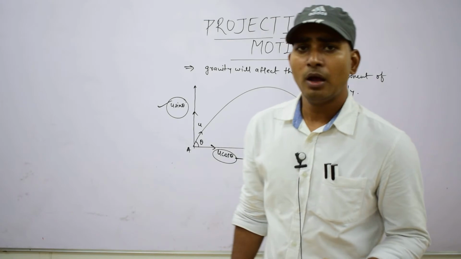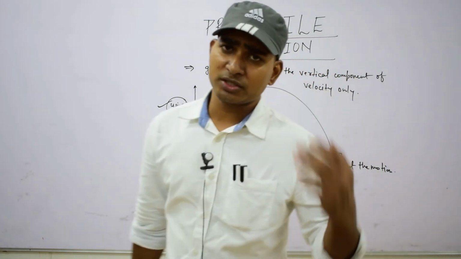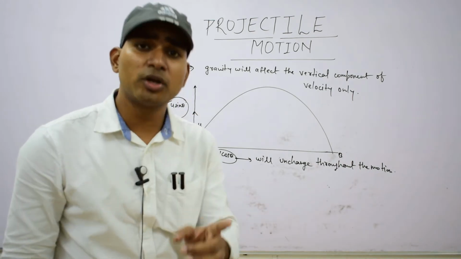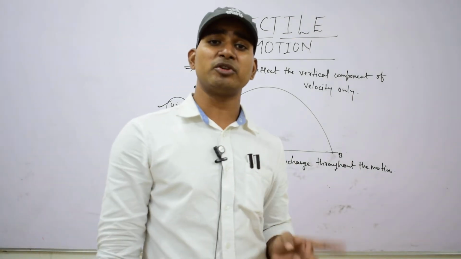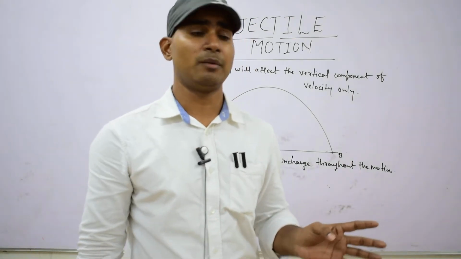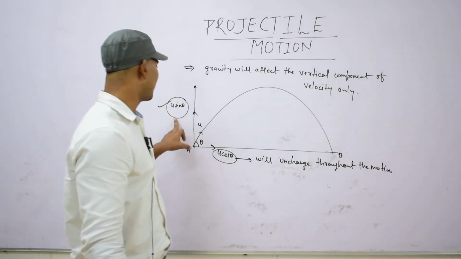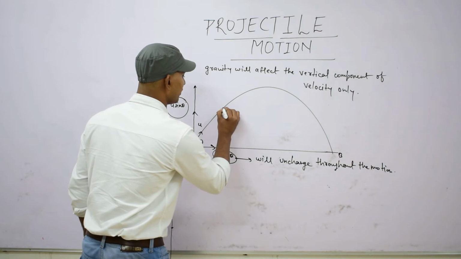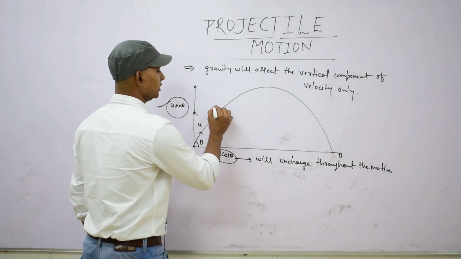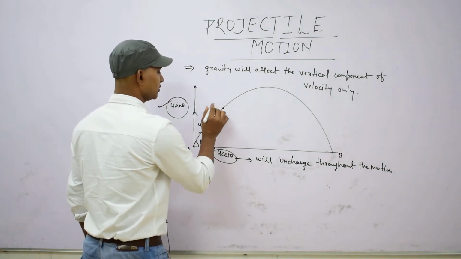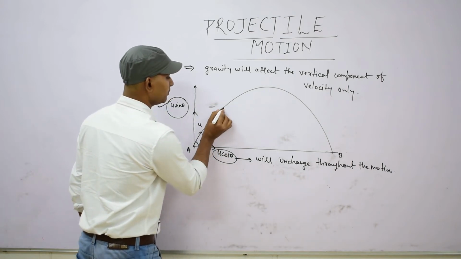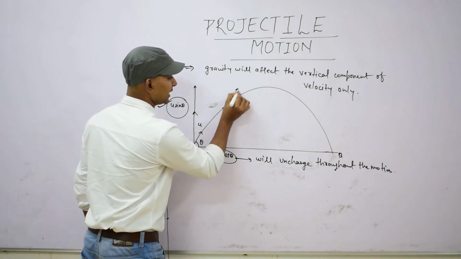You should know that the vertical component of velocity will change at different points, but the horizontal component of the velocity during the whole projectile motion will not change. This will remain the same, but this will vary at different points. Let's suppose I am considering this point C. From this point it is moving in this direction.